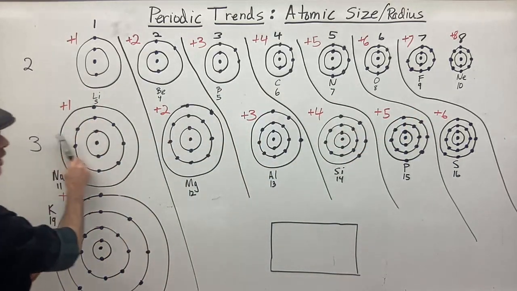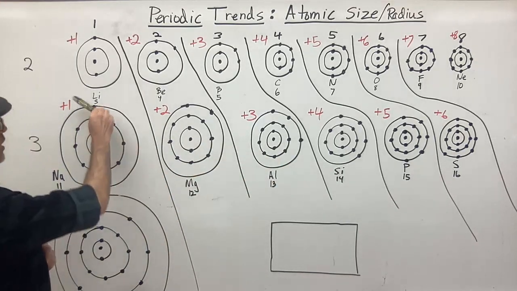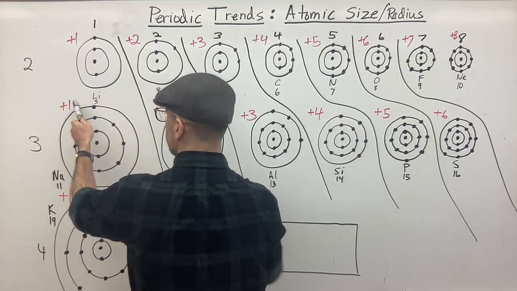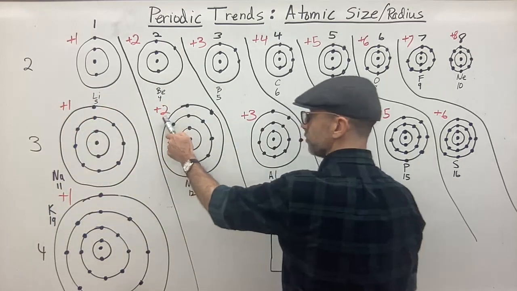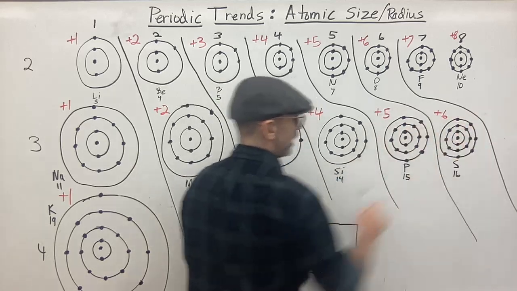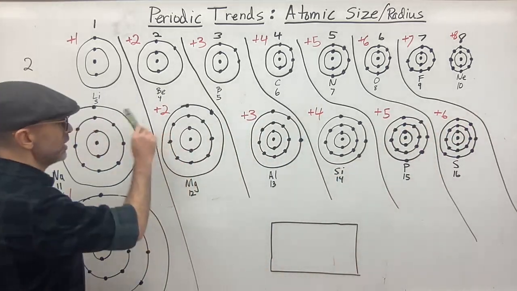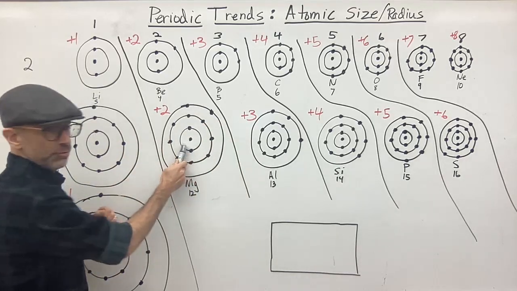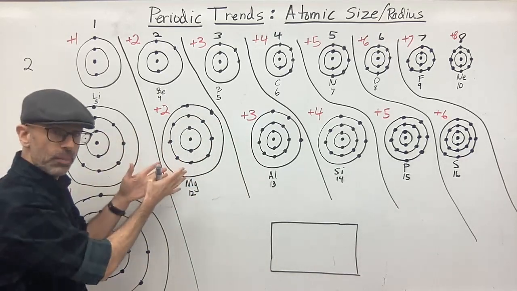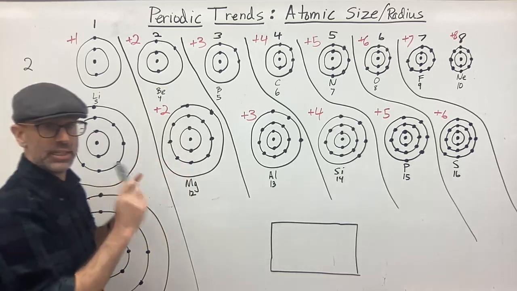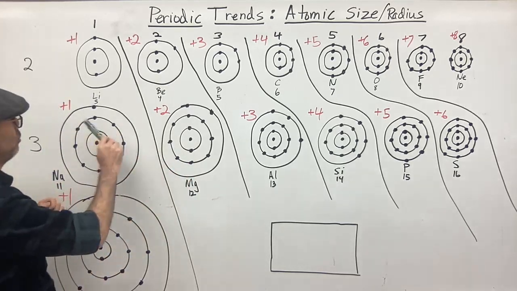Going across here, you can see that the effective nuclear charge is increasing from +1 to +2 to +3, 4, 5, 6, and so on. Because these electrons are feeling a greater attractive force, because you have more protons in the nucleus, and yet the shielding doesn't change, right?